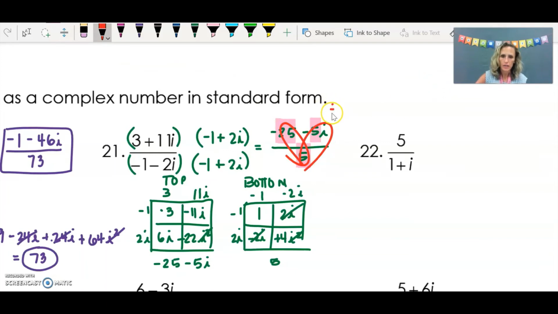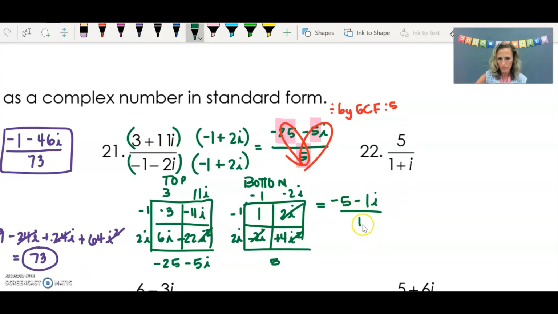We're going to divide by a greatest common factor. So the greatest common factor here is 5 in this case. So that is going to give us a simplified form. -25 divided by 5 is -5. -5 divided by 5 is -1i. And then 5 divided by 5 is also 1.